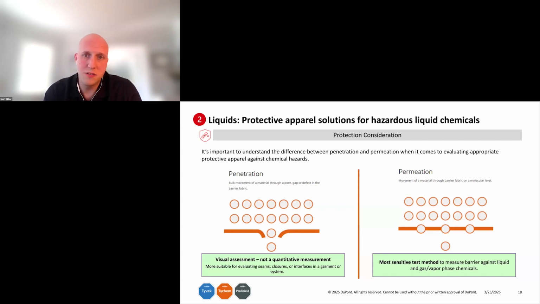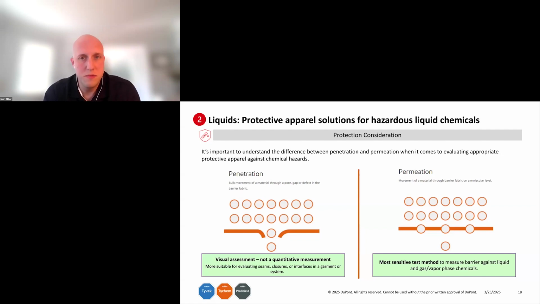So if someone's wearing that suit for hours on end, and they get some type of acid on them, a lot of these companies are not testing based on the permeation time it takes for that chemical to work through. A telltale sign of that is if you're looking at a tech data sheet and you see a particular suit that's advertising greater than 60 minutes, that is more than likely something that has been tested against penetration methods.